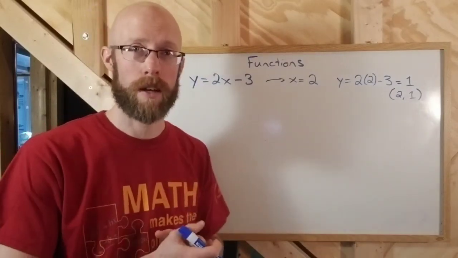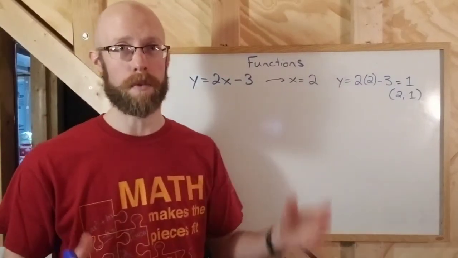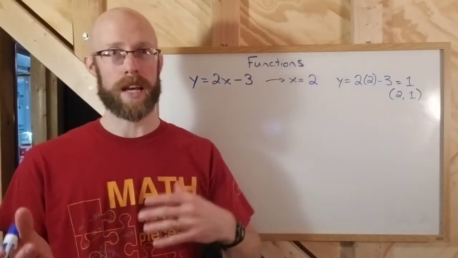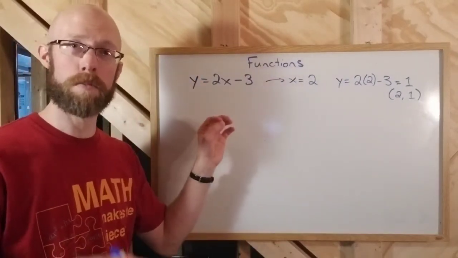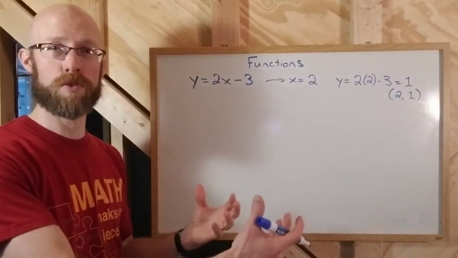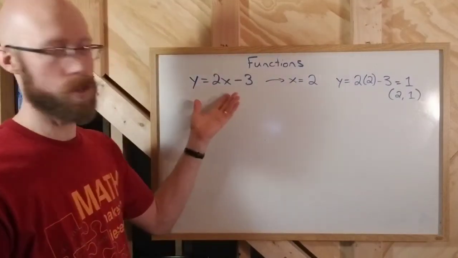Okay? Never going to have an issue with that. It could be a really small number, really big number, decimal, fraction, negative, a positive, 0. It doesn't matter what I plug in. I know I'm always going to be able to double it, always going to be able to subtract 3. And so there is no restriction here.